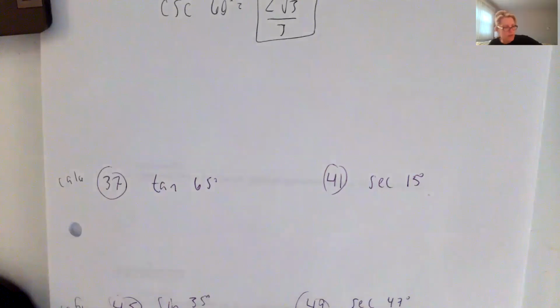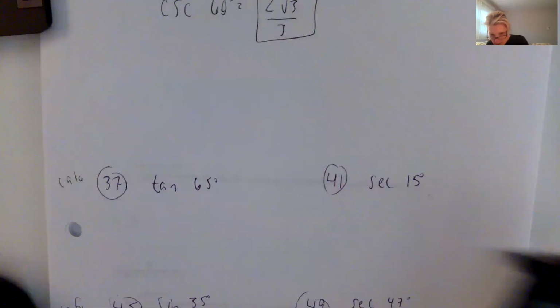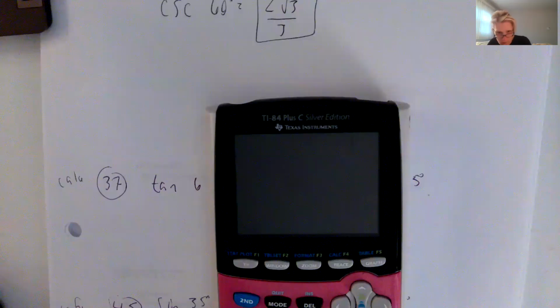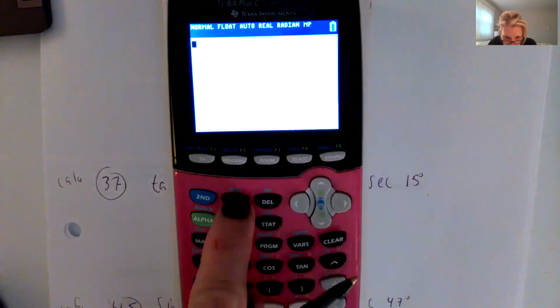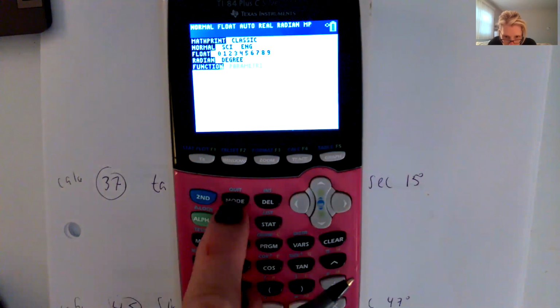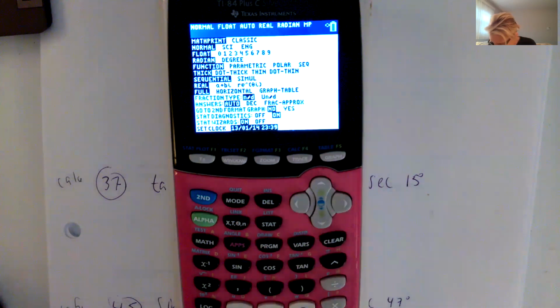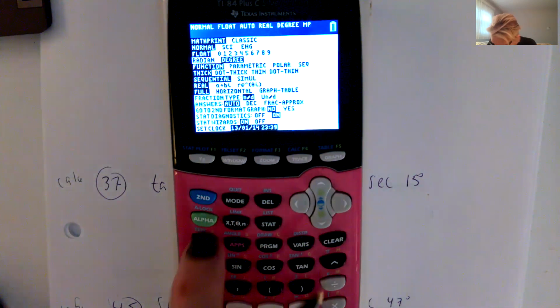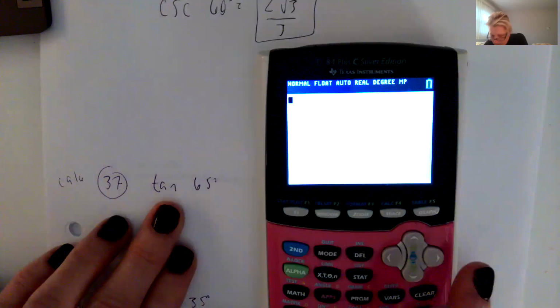37 and 41, we're getting a little practice with our calculator. It says, put your calculator in degree mode. So you're going to go to the mode button right here next to the second key, and then you should be in radians, but we're going to go over and hit degree and make sure that's highlighted, and then exit out of that. And then it said, find the tangent of 65 degrees.